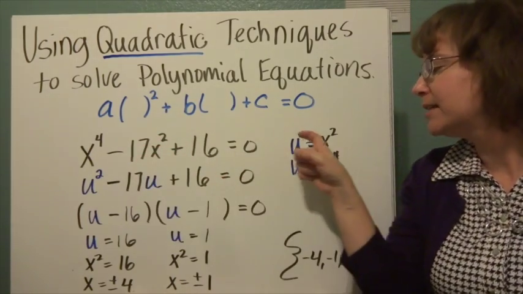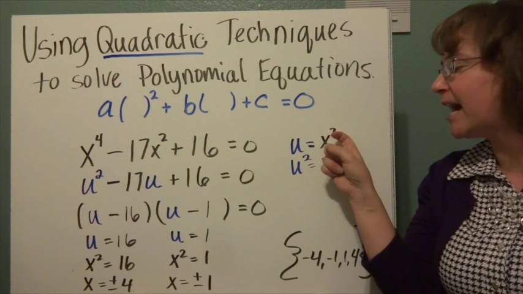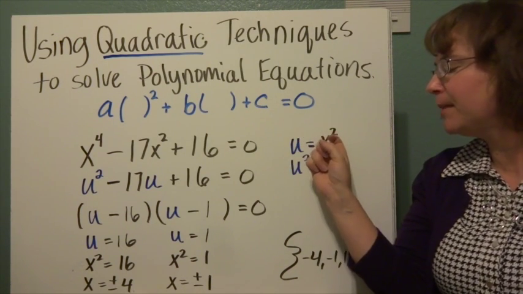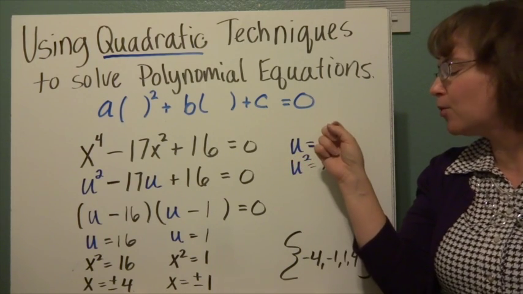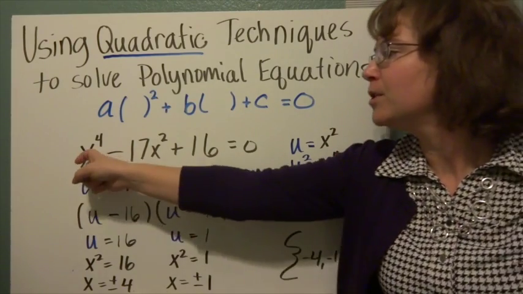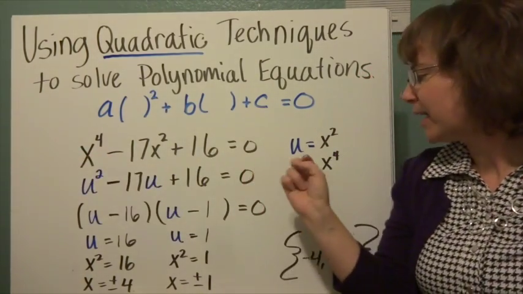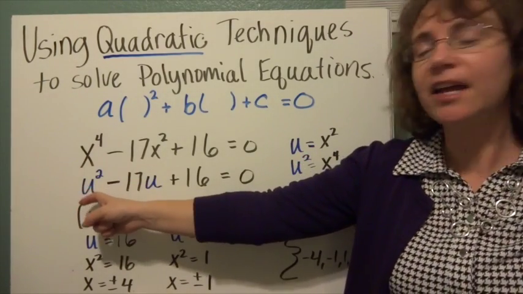So I let u equal x squared. If I square u, I get u squared is equal to x squared squared, which gives me x to the fourth, which is exactly this. So I can substitute my values in and make it look exactly like a quadratic.